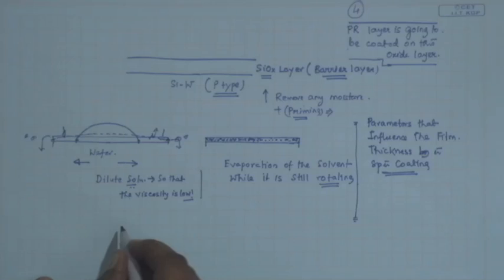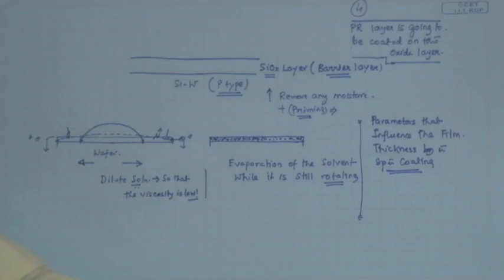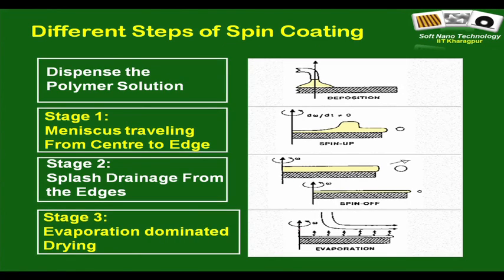And so, after the splash drainage and whatever, you have a layer. In fact, the transparency also shows that you have a regime when you have a pretty smooth solution layer, but it is still pretty rich in the solution content, right. And what happens is the solution continuously evaporates away.